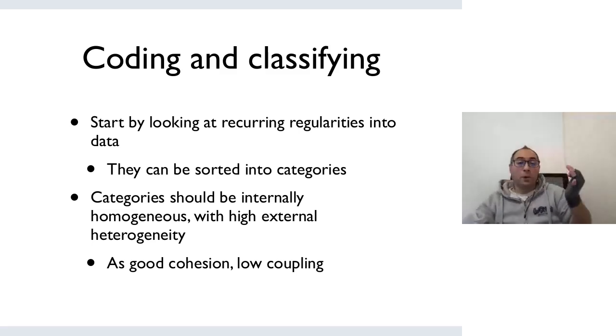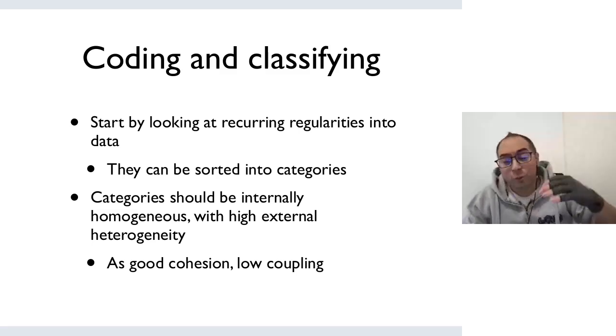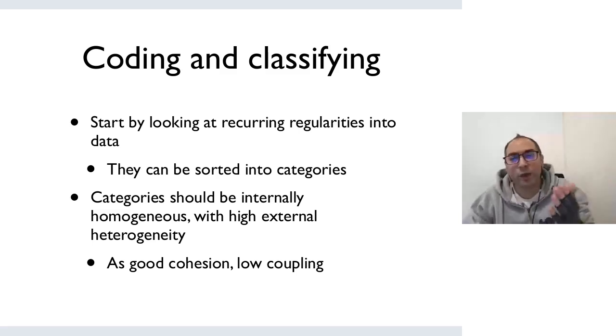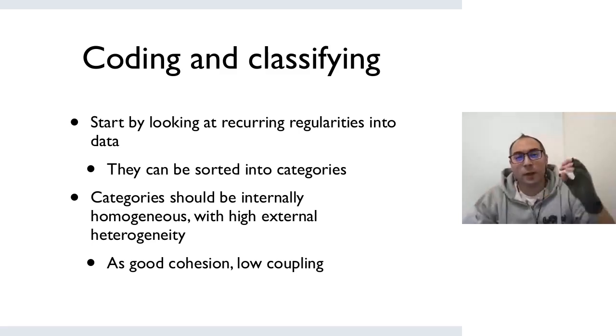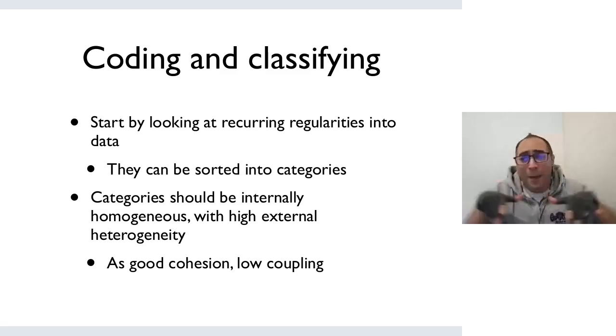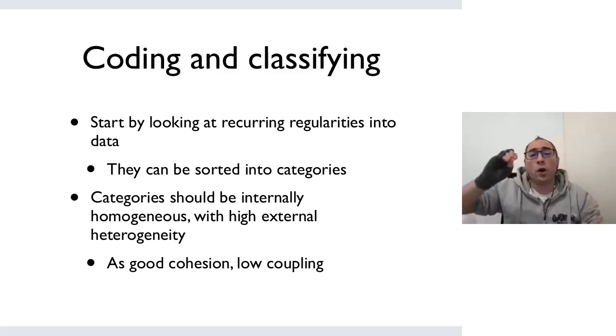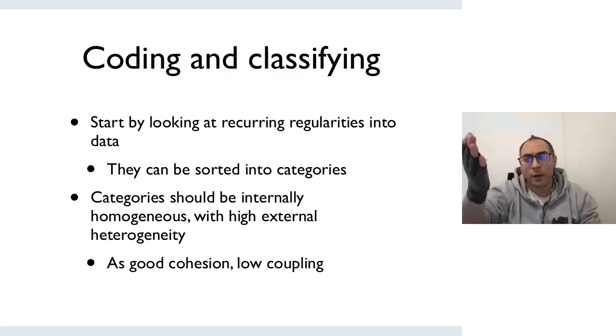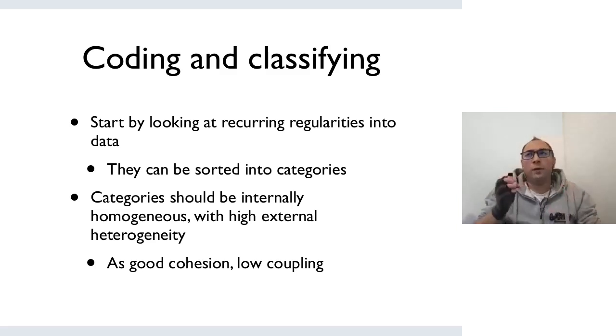In principle, the exercise, which is deductive, comes up with categories. A category is essentially a way to encapsulate more than one code under the same concept. That's a category, right? Obviously, a category should have internal homogeneity and high external heterogeneity. So for example, if I am coding issues on GitHub, a category could be functional issues.